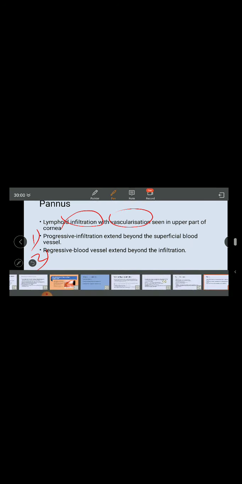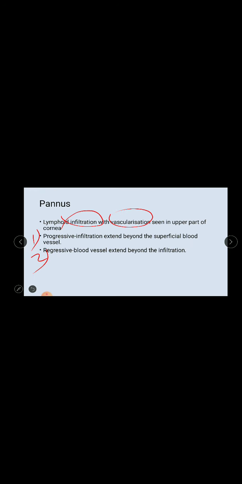It is vascularization with infiltration. It is of two types, progressive and regressive. Progressive is where the infiltration extends beyond the vessels, and regressive is where the blood vessels extend beyond the infiltration.